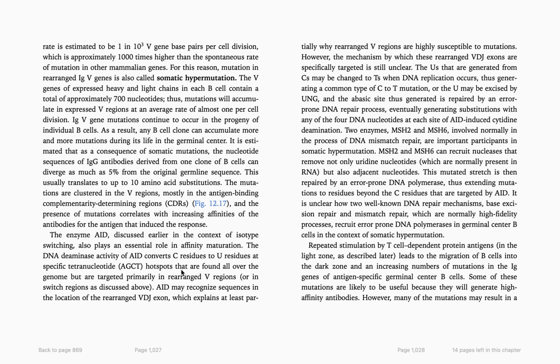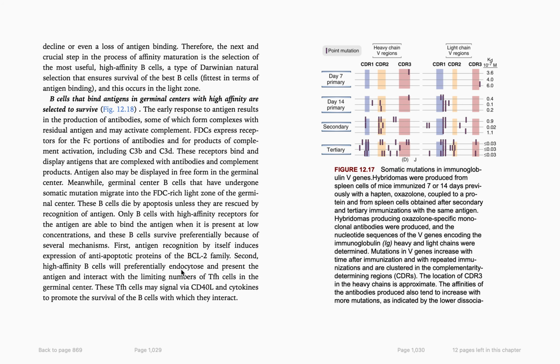However, many of the mutations may result in the decline or even the loss of antigen binding. Therefore, the next and crucial step in affinity maturation is the selection of the B cells with the most useful affinity, a type of Darwinian natural selection that ensures survival of the fittest B cells in terms of antigen binding, and this occurs in the light zone.